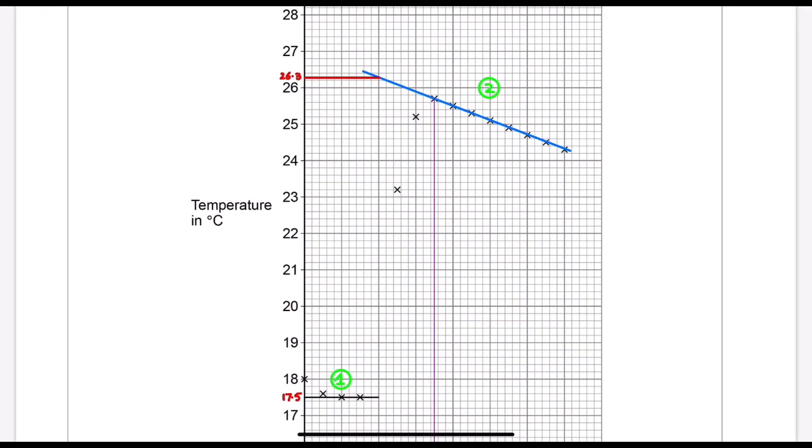We can see that the temperature at 4 minutes is 26.3 degrees Celsius, which is the maximum temperature at 4 minutes, whereas the minimum temperature at 4 minutes is 17.5. The difference between these two temperatures is going to give me the temperature change at 4 minutes. So we need to subtract these values and the answer is 8.8 degrees Celsius.